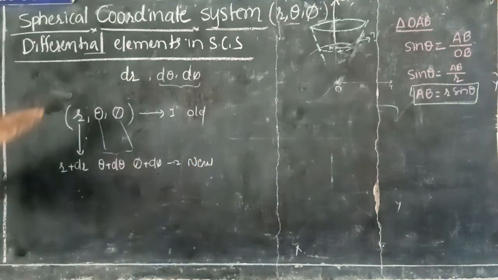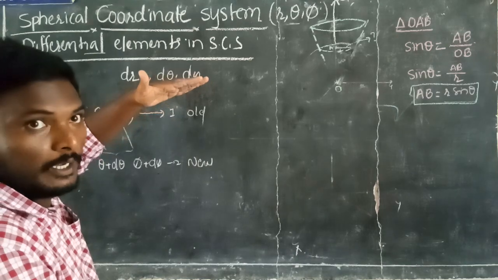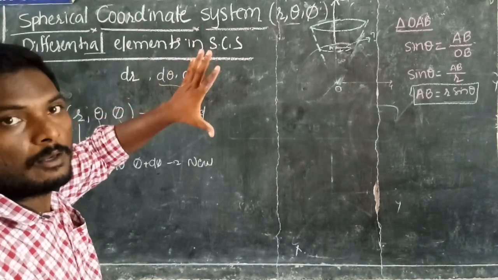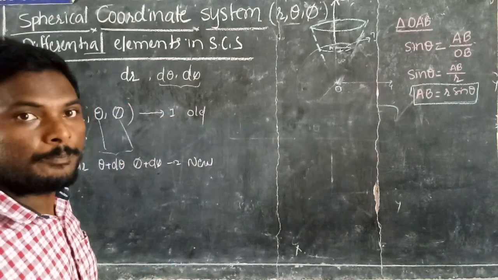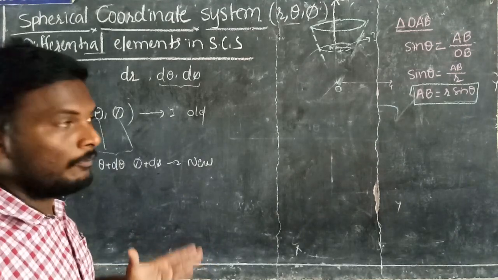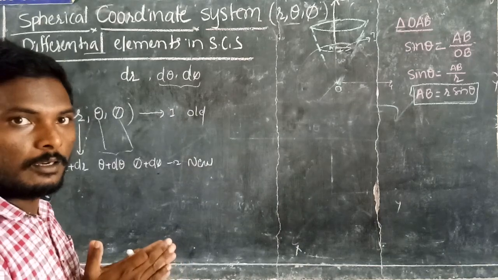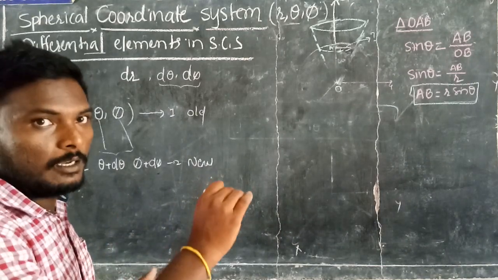Now if you combine these two coordinate systems, what will happen? If we combine the old system and the new system, we will get a small differential volume element. For that differential element we are going to get the formulas for differential surface areas, differential volume and differential vector length.